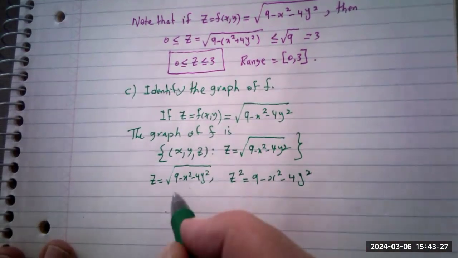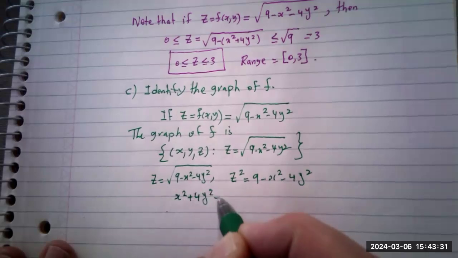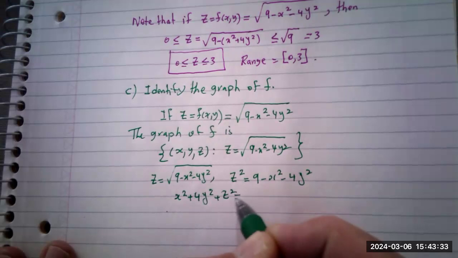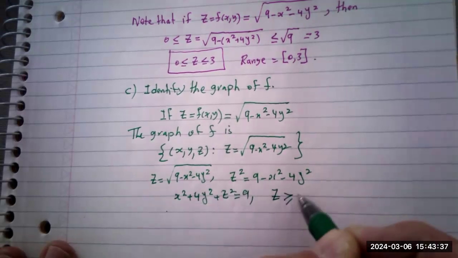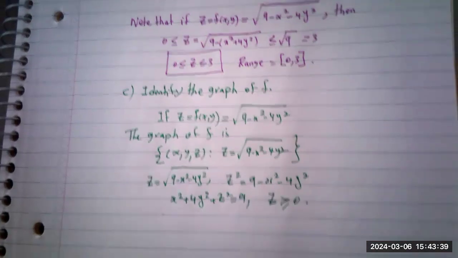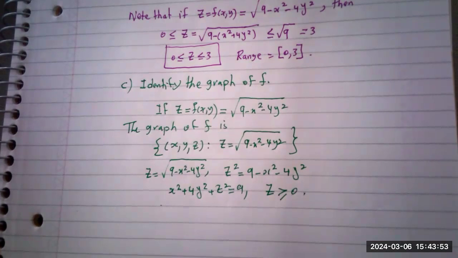If you put everything on one side, that gives you x squared plus 4y squared plus z squared equal to 9. And since you take the square root, z must be greater than or equal to 0. Now, if you look at this equation, the graph of x squared plus y squared plus z squared equal to 9, you know that this is one of those quadratic surfaces.